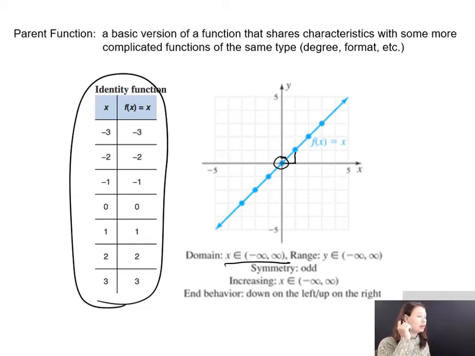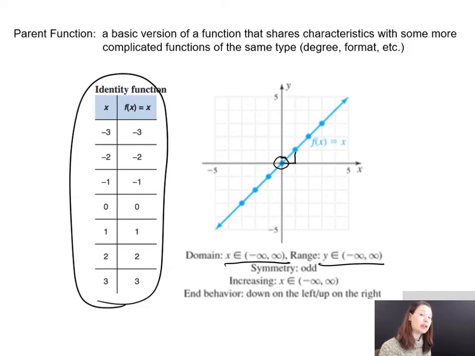If we plug in negatives, y equals x, so we get a negative. If we plug in 0, we get 0. If we plug in positives, we get positive. So that means the range is all real numbers, or negative infinity to infinity.